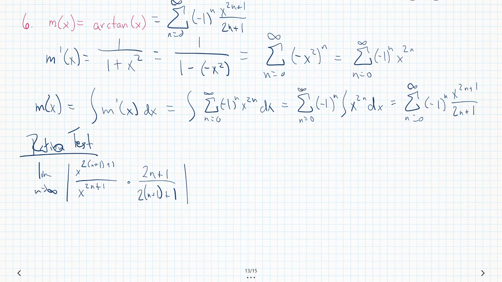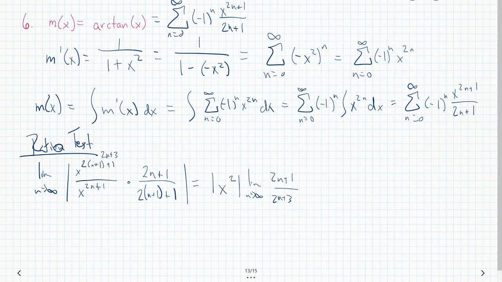So in terms of what happens here, the numerator is 2n plus 3. So 2n plus 3 and then x to the 2n plus 1, that makes this thing become x squared. So you've got the absolute value of x squared times the limit as n goes to infinity of 2n plus 1 over 2n plus 3.